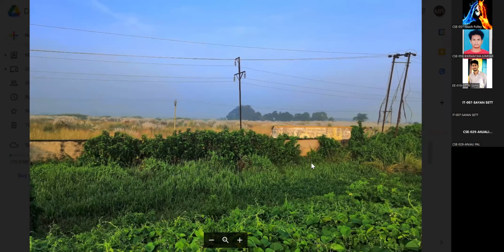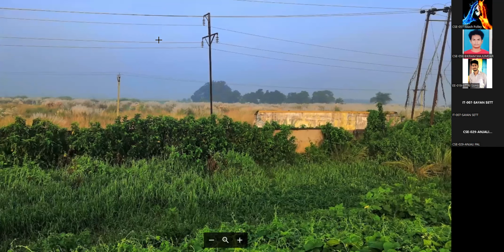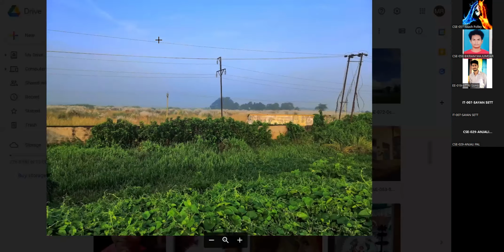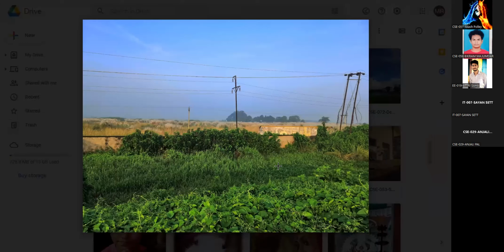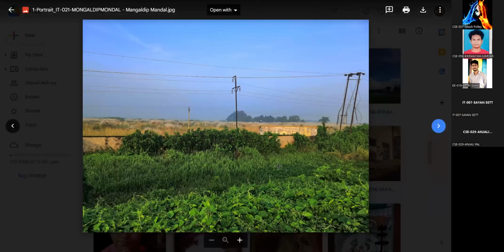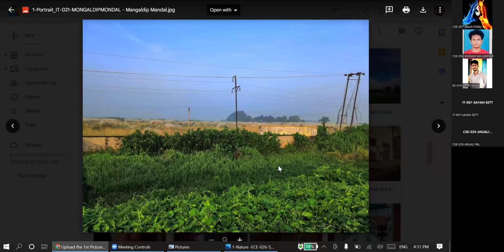Okay, this picture. Mangaldeep Mondal. Are you there? Mangaldeep? Mighty. I hope this picture was taken probably from the train situation.